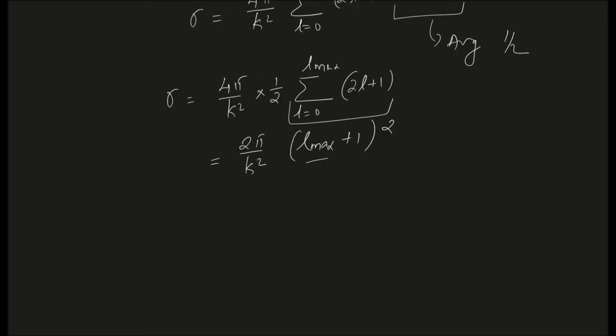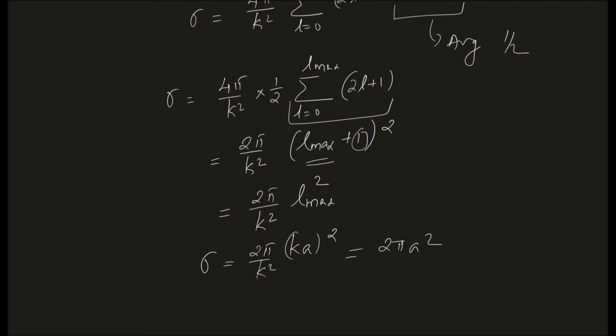Since L maximum is a big number compared to 1, we can neglect the 1 in this expansion. So this can be written as 2 pi by k square L maximum square. If you substitute the maximum value of L, which we assume to be of the order of Ka, this gives us 2 pi a square.